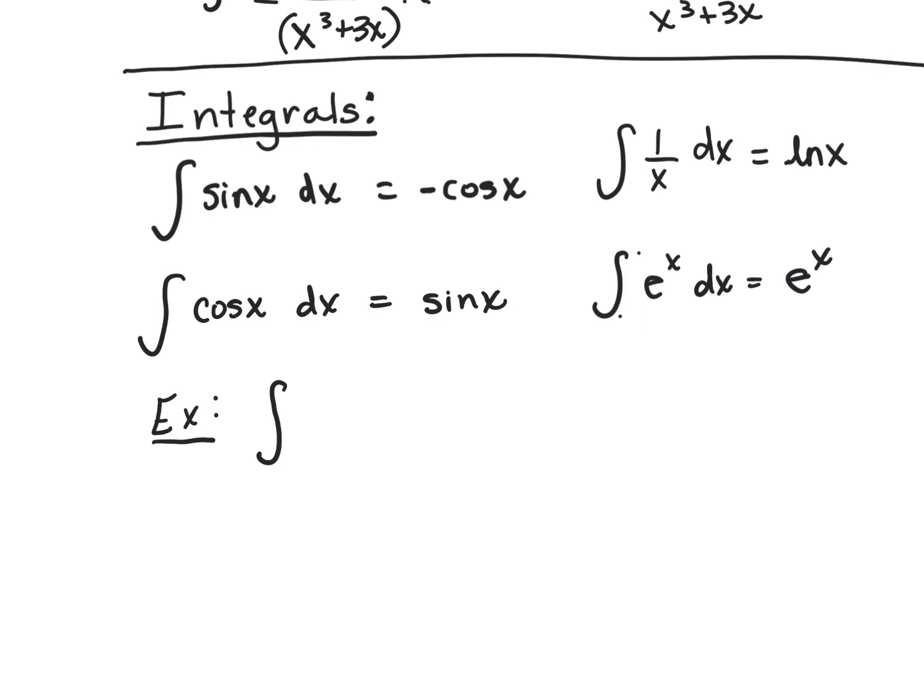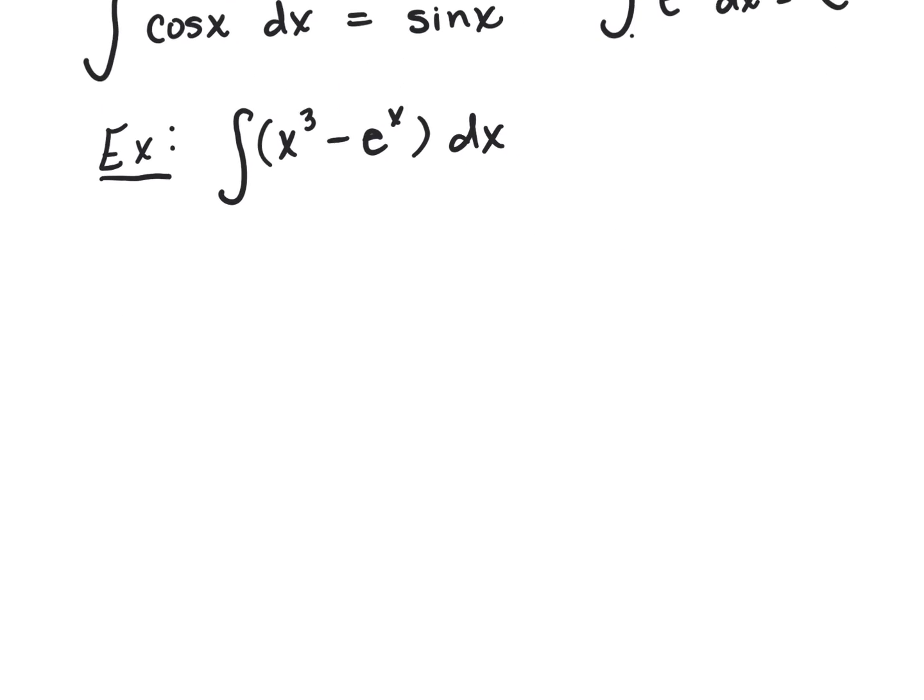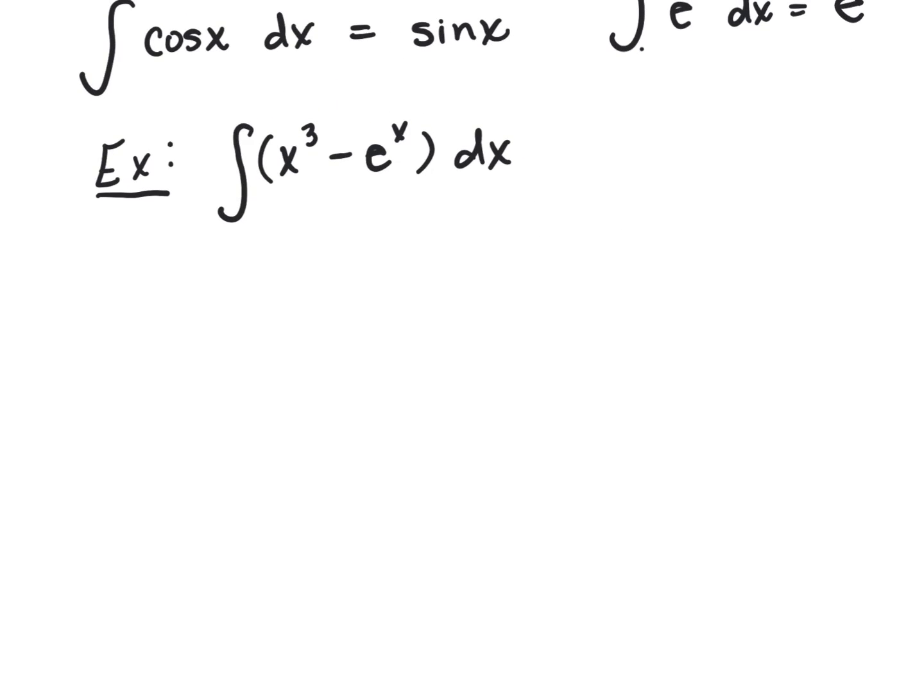Let's find the integral of x cubed minus e to the x dx. So how do I do this one? I treat each piece separately, don't I? We literally could say take the integral of x cubed dx and subtract the integral of e to the x dx from it.